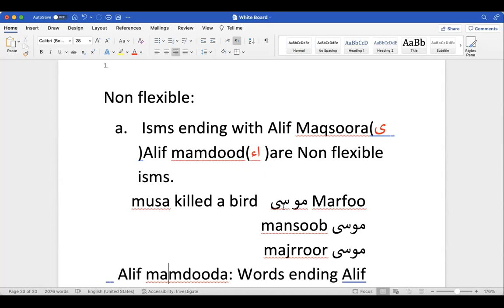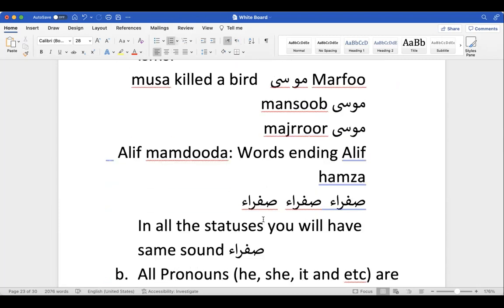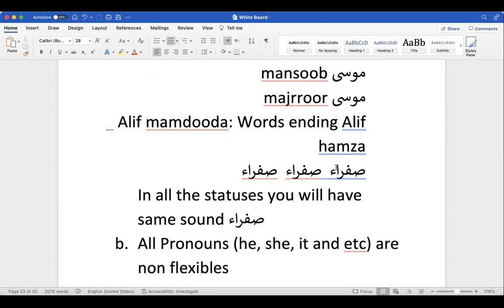For example, Musa: it can be marfu, mansub, or majroor, but it cannot show its ending sound, un, an, a, or o, a, e. So Musa will be marfu, Musa will be mansub, Musa will be majroor. Then alif mamduda: if you have an ism ending with alif and hamza, it's called alif mamduda. They're non-flexible; they don't show any ending sound in any of the states.